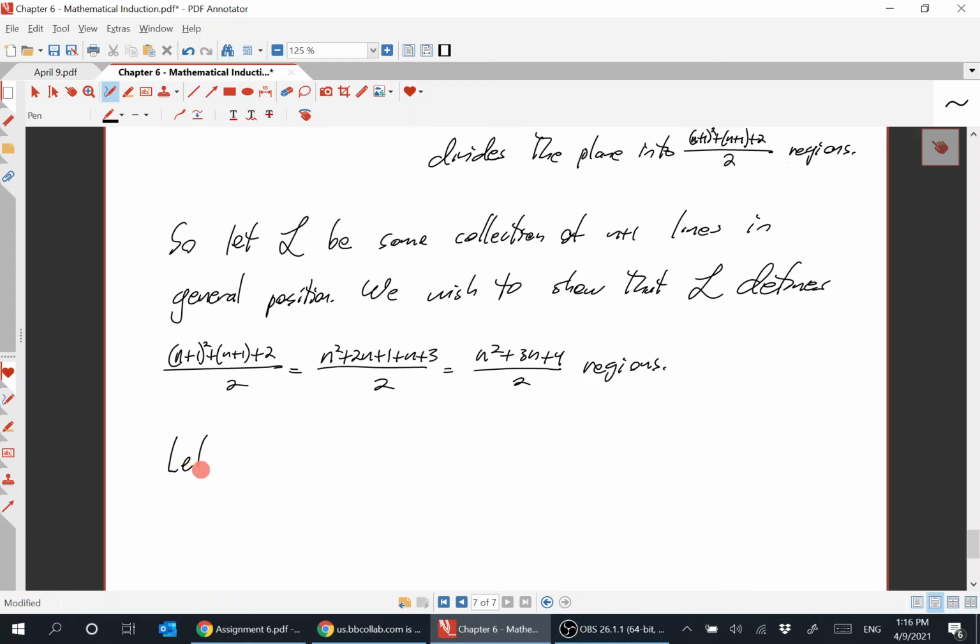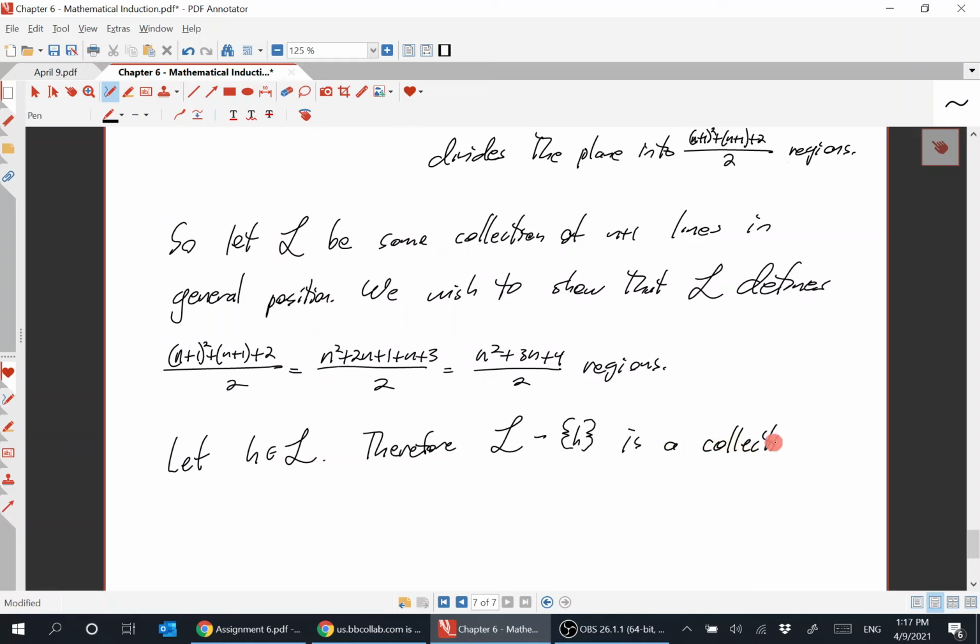Okay, so let H be some line in L. Therefore, what? L minus just H by itself is what? Right, so L has n plus 1 lines in general position. Take away 1. What's left over? n lines.